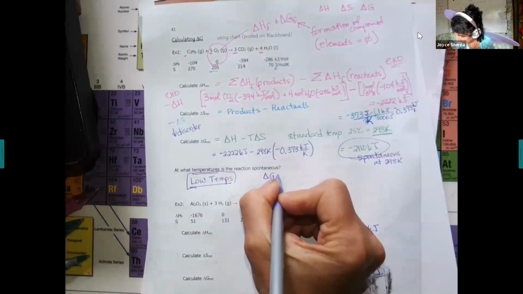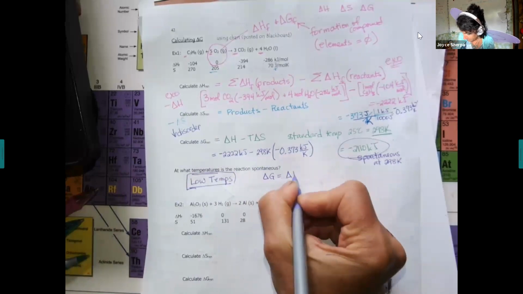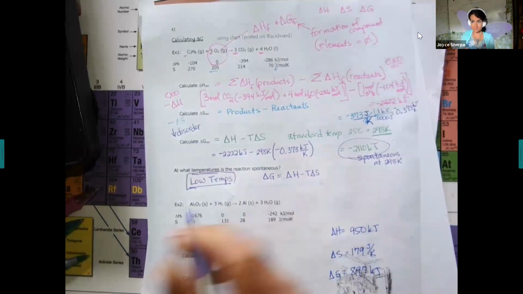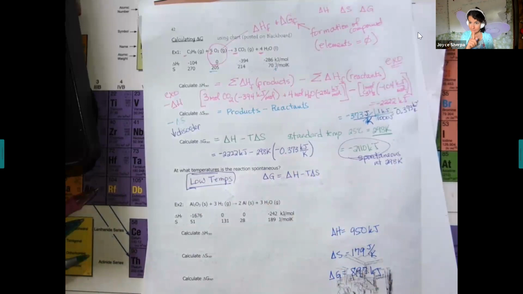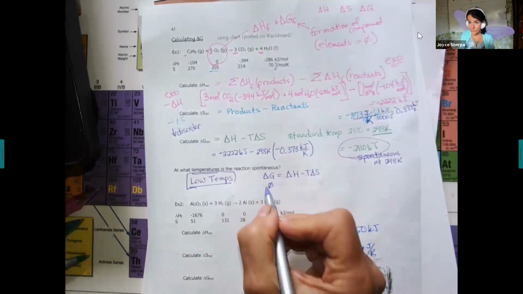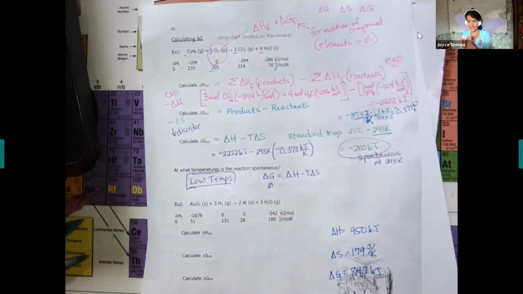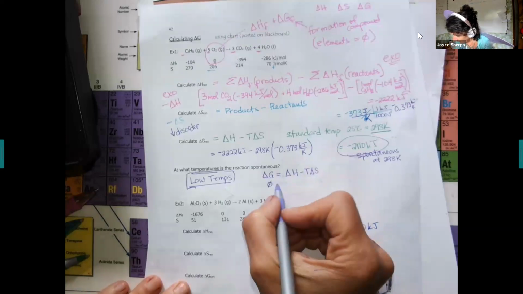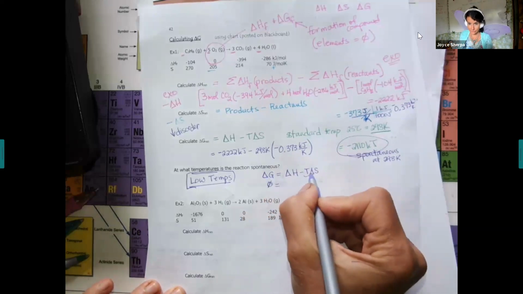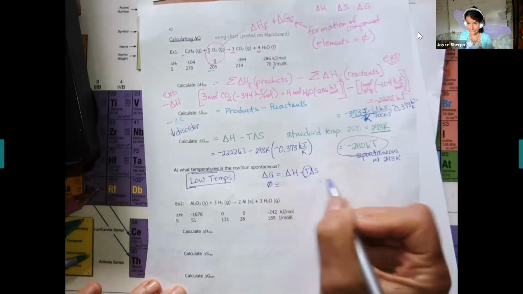It goes back to this formula. So this is kind of for Devin. He asks, prove it, prove it. The assumption that is made is that we say 0 is that teeter-totter. It is the cusp where something is spontaneous versus something is non-spontaneous. So we set it equal to 0, and we're going to solve for T. So we're going to rearrange.